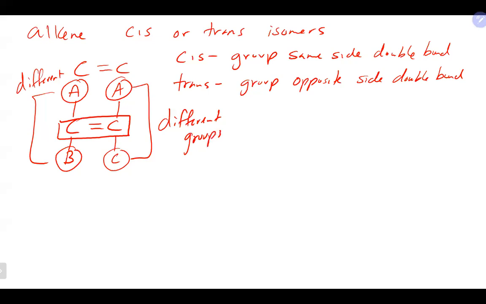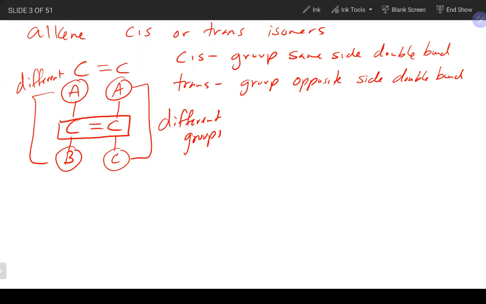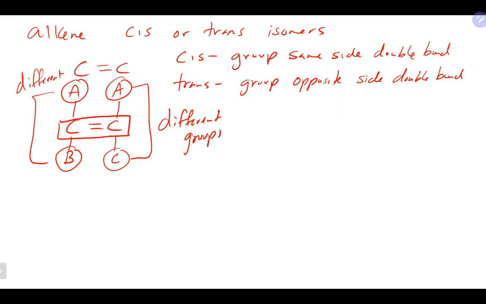If that is the case, then it is possible to have a cis or trans isomer. If you look at one carbon and they have the same group, then it's not possible to have cis or trans. The other thing you would then look for is, are there groups on opposite carbons that are the same? In this case, the A and the A are the same, which means they're on the same side of the double bond. So this would be a cis isomer, because these two guys are on the same side of the double bond.